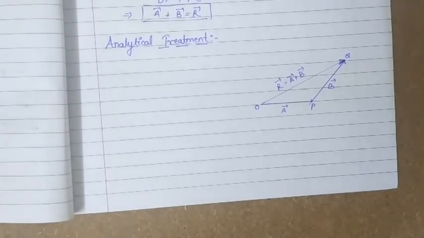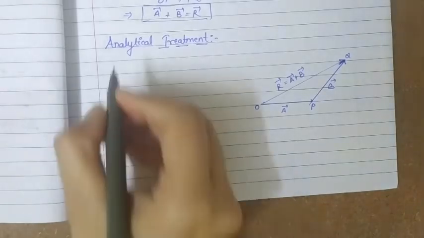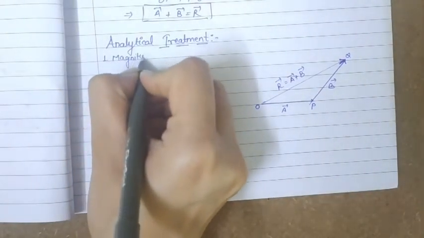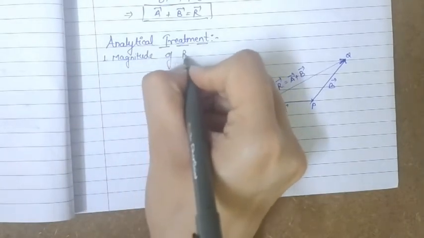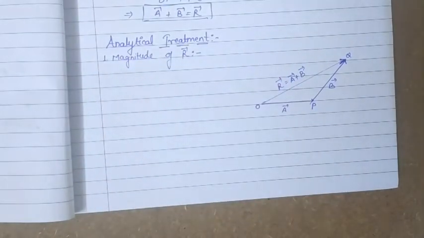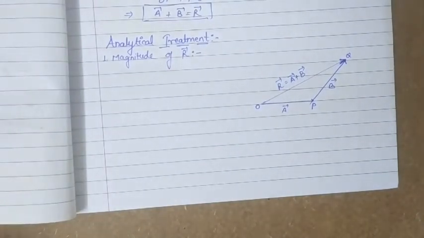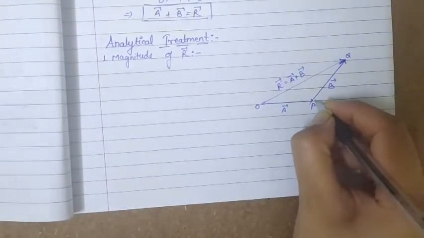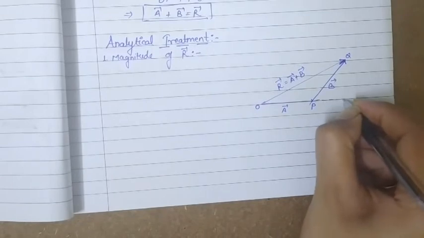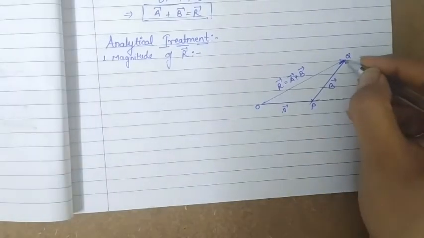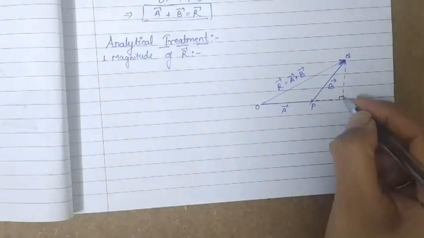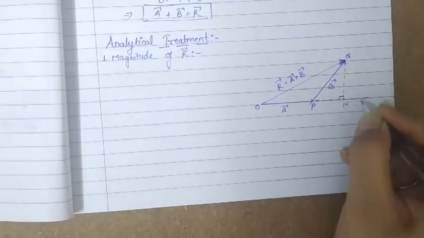First, for the magnitude of the resultant, we are going to draw a perpendicular from point Q to OP after producing it. हम OP को produce करके Q से OP पर एक perpendicular draw कर रहे हैं and we name it as QN.